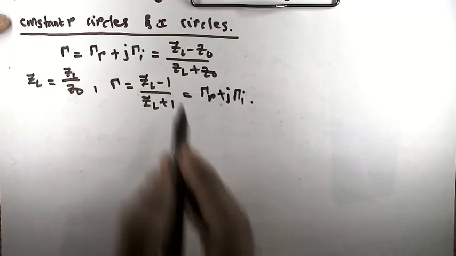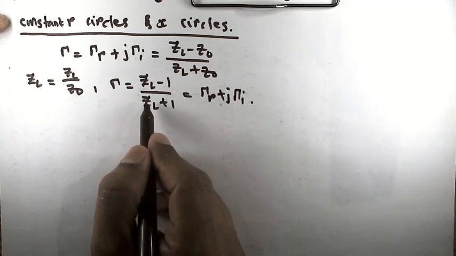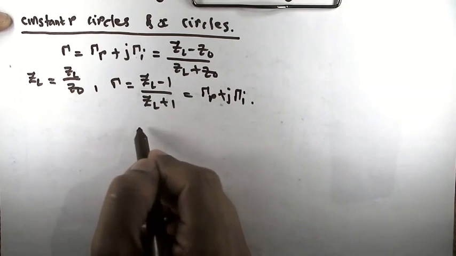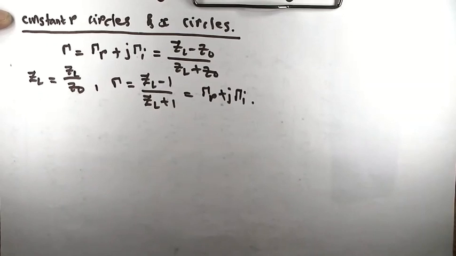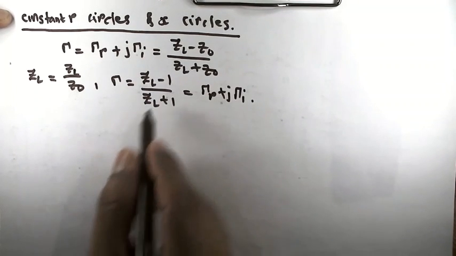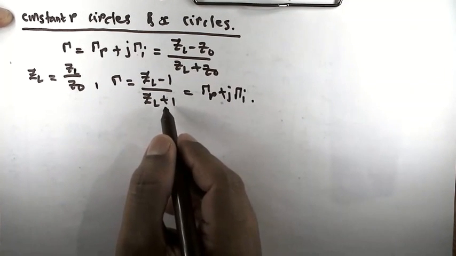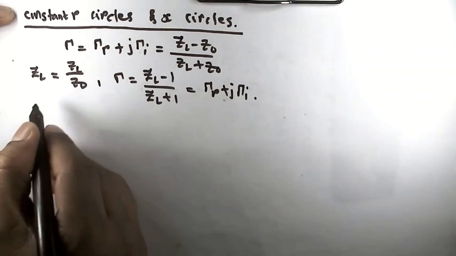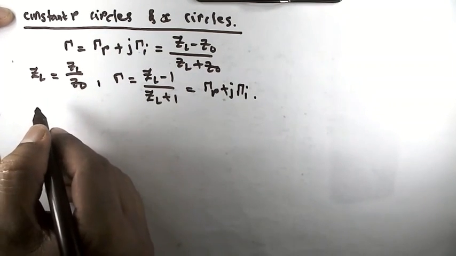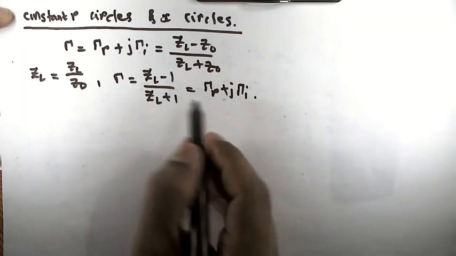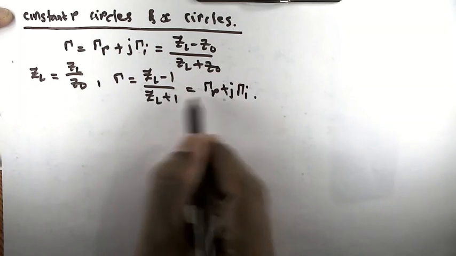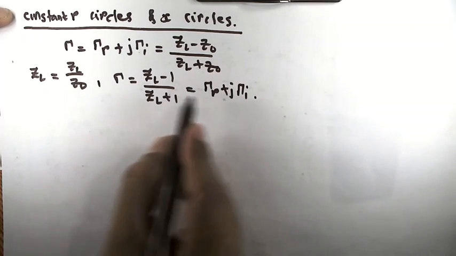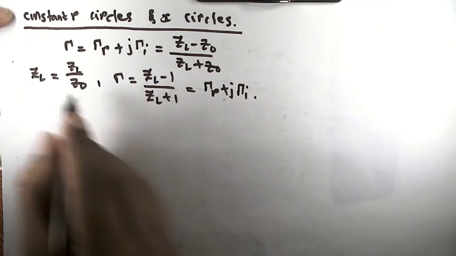So now we have a relation in terms of gamma r, gamma i and the normalized load impedance. First of all we will try to get the expression in terms of the normalized load impedance. For that, let us multiply the denominator to this numerator and simplify the expression.